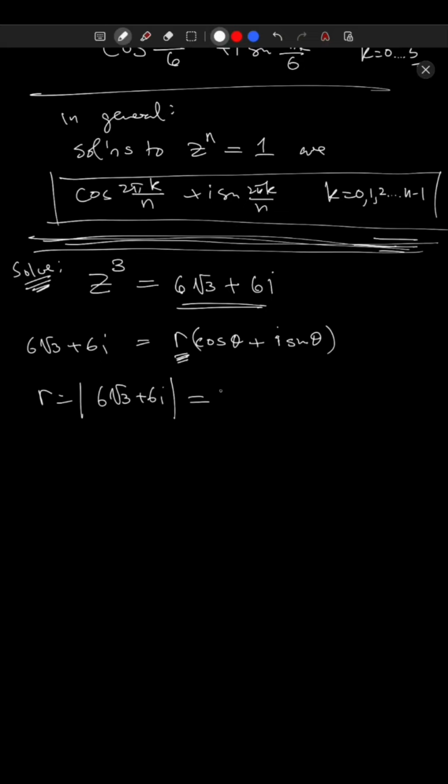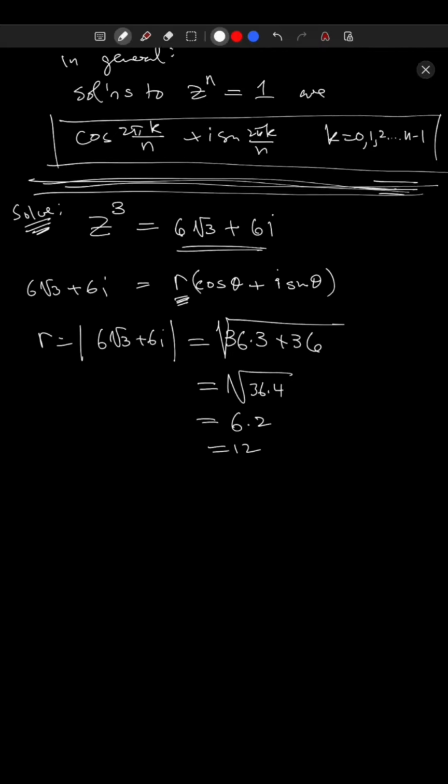That's going to be the square root of 36 times 3 plus 36, okay? And so that's just equal to the square root of 36 times 4, which is 6 times 2, which is 12.